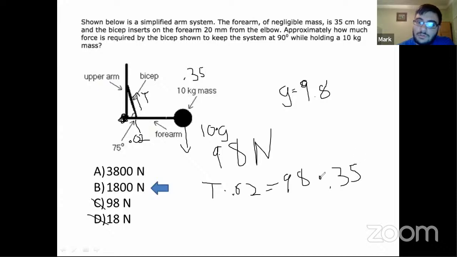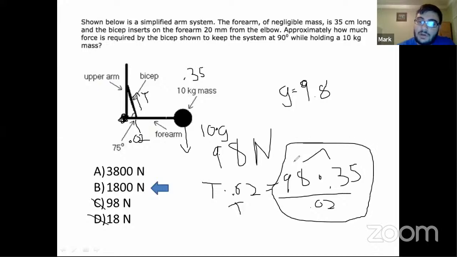You multiply these out, and then divide by 0.02, and that's how you get the tension. I'm not going to do the math right now, but once you do that, the tension would be about 1750, something like that.